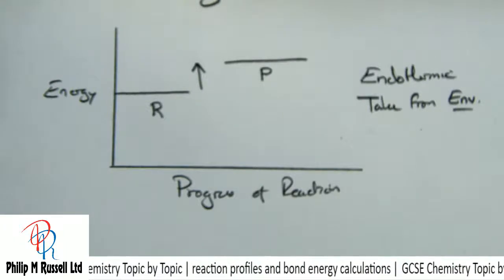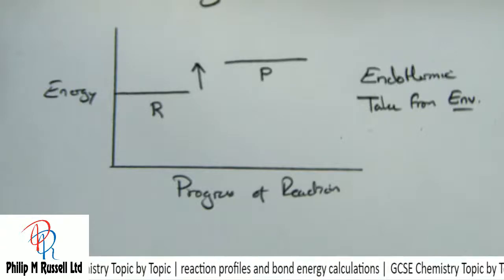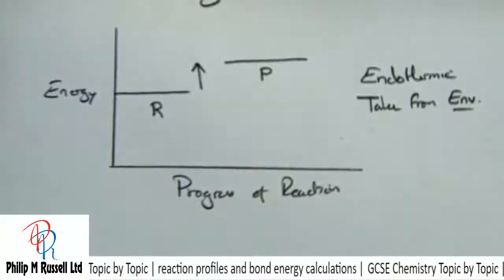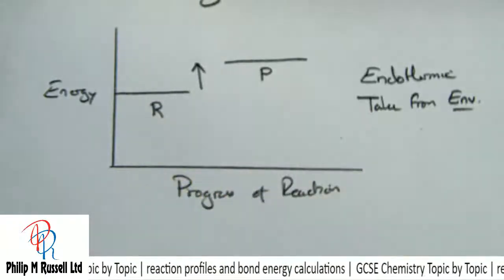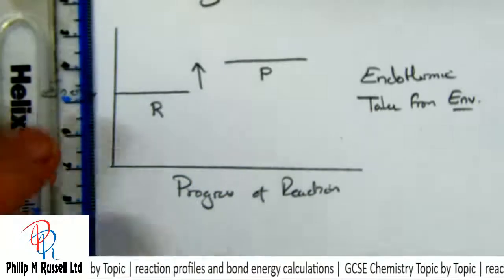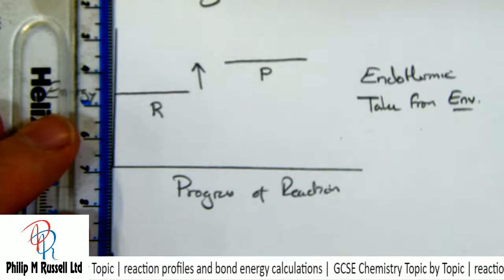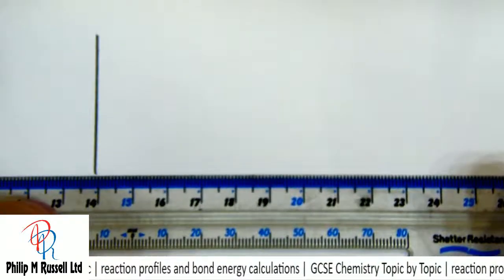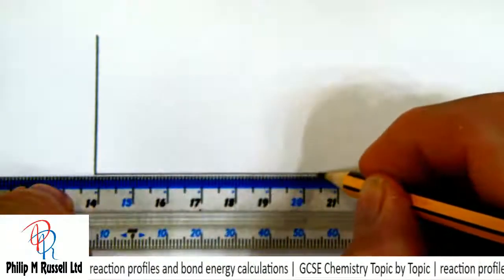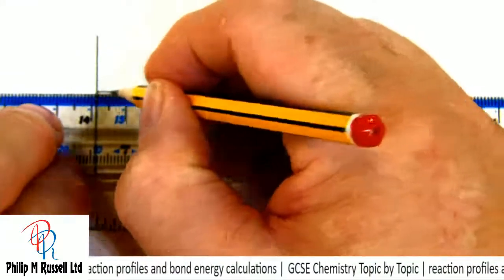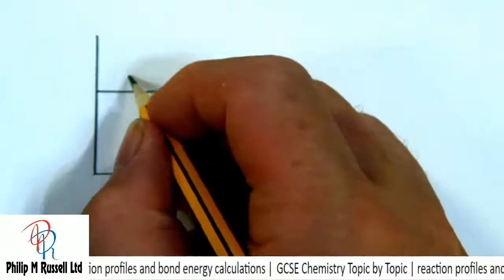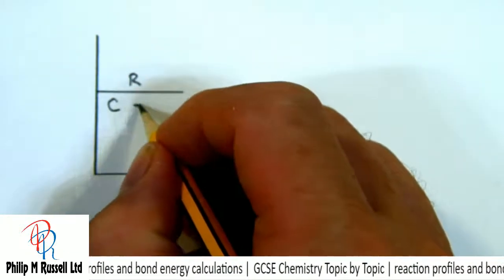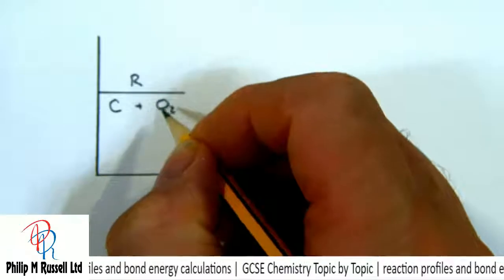Now, reactions like this don't really occur quite like this, because let's look at an exothermic reaction, a fairly well-known one. In this exothermic reaction my reactants are going to be carbon and oxygen.